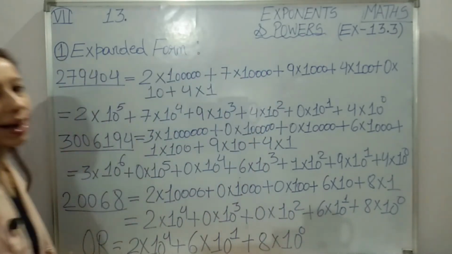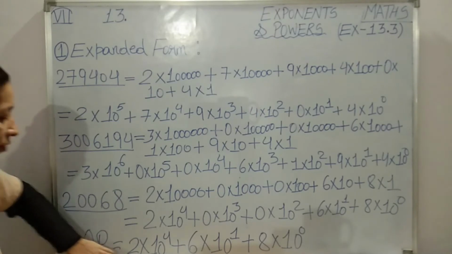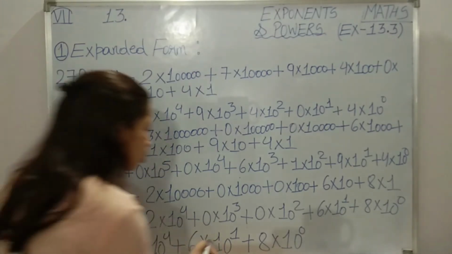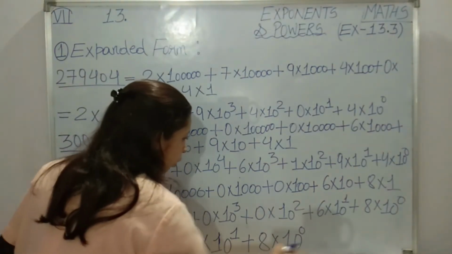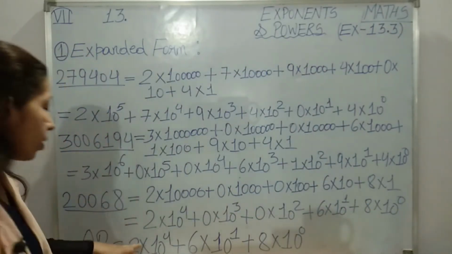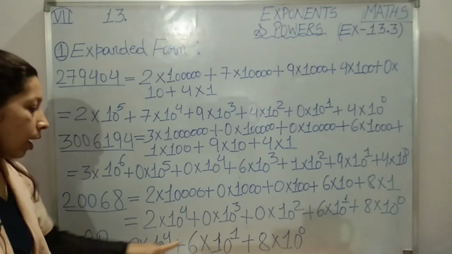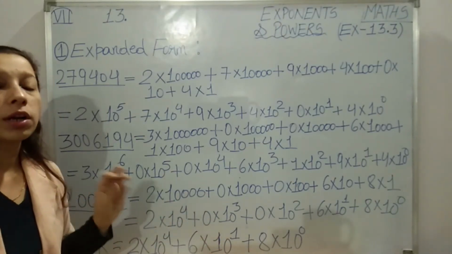Like this also I can write, students, because it is understood that if this number is given to us and we are asked to write the number in short form, then what will we do? First we will write 2 and we will see the exponent here is 4, but directly here it is 1. What about 2 and 3?